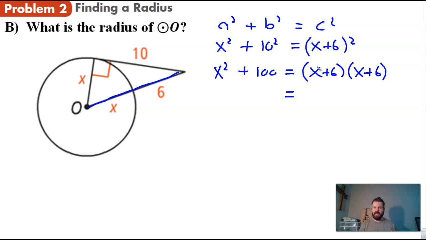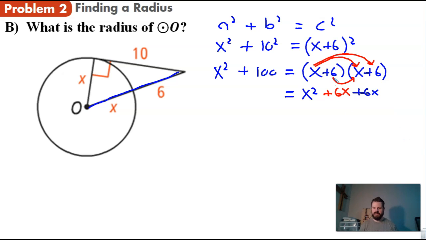Okay, let's FOIL that guy out. First, x times x is going to give me an x squared. Outer, x times 6 is going to give me a plus 6x. Inner, 6 times x is plus another 6x.